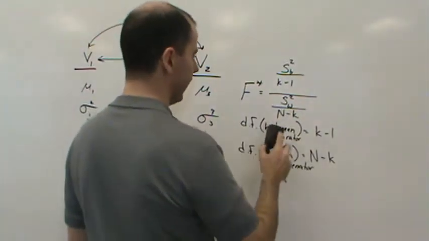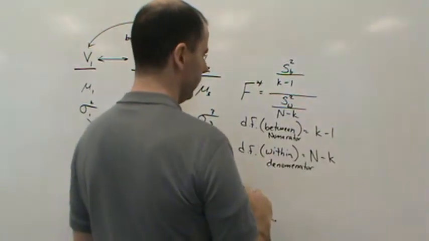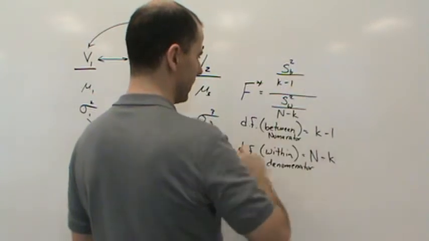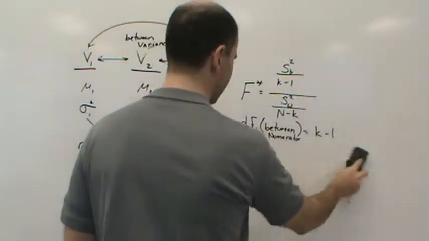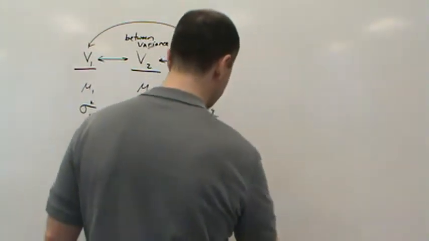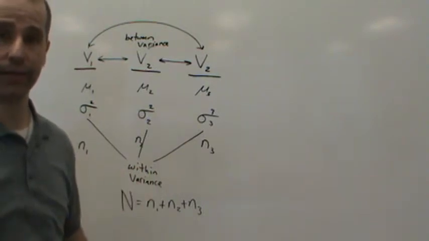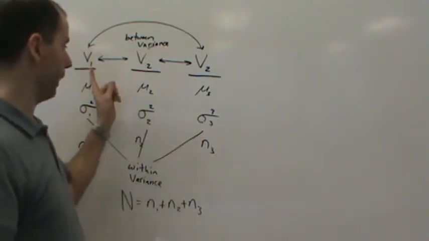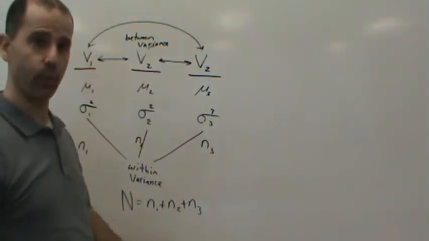And technically, we could call this MSB over MSW, and we could call this SSB and SSW for the sum of squares. But the main thing is, what we're testing is the difference between the means, but using variance, the variation within each population, and comparing it to the variation between the populations. Okay, and that's what we're doing.